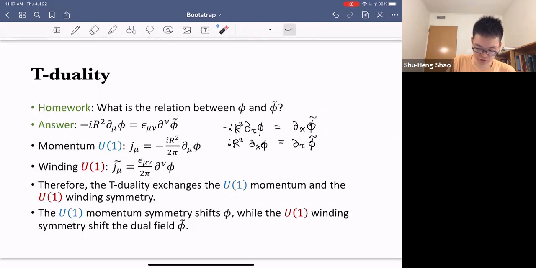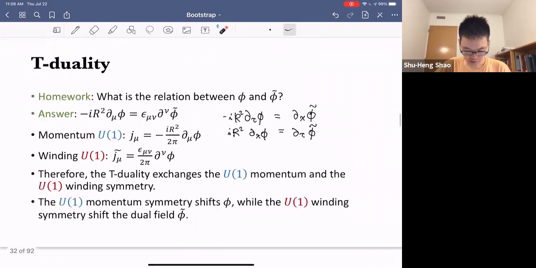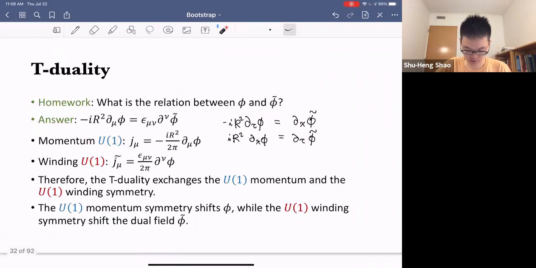And therefore, it exchanges the momentum and the winding symmetry. That's what T-duality does. And from this point of view, it's then clear that the U(1) momentum symmetry shifts phi, which was our fundamental field, and the U(1) winding symmetry simply shifts the dual field phi tilde. So that answers what the winding symmetry acts on. So that's what we discussed yesterday.